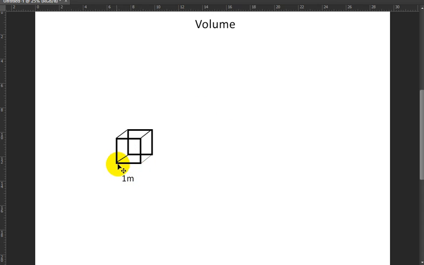Now, because we said that this is a cube, right? And each side, each edge is 1 meter. That means that the volume of this one cube is, I would say, 1 cubic meter.